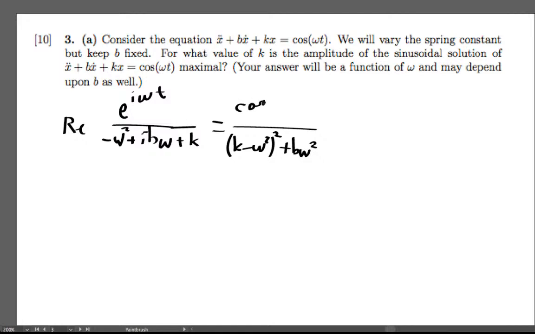Cosine omega t, and then this one here is k minus omega squared, no, that's a plus b sine omega t.